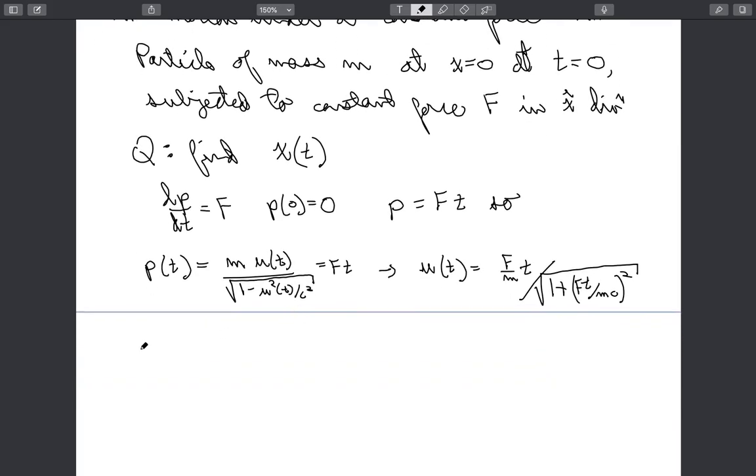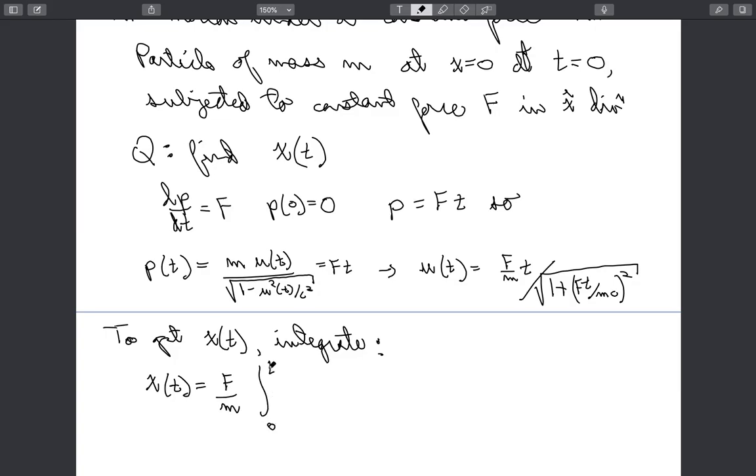Right, now to get x of t, just integrate this thing. So x of t is going to be F over m times the integral from 0 to t over an auxiliary time t prime of this formula evaluated at t prime.